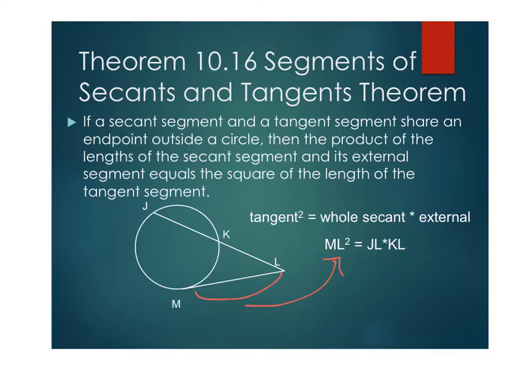Then we have our secant segment, where we're going to multiply the whole times the external. So that's the external, this is the whole, and then this is our tangent here. And it's squared. This is where the factoring is going to be coming in, because we're dealing with a quantity that's going to be squared.